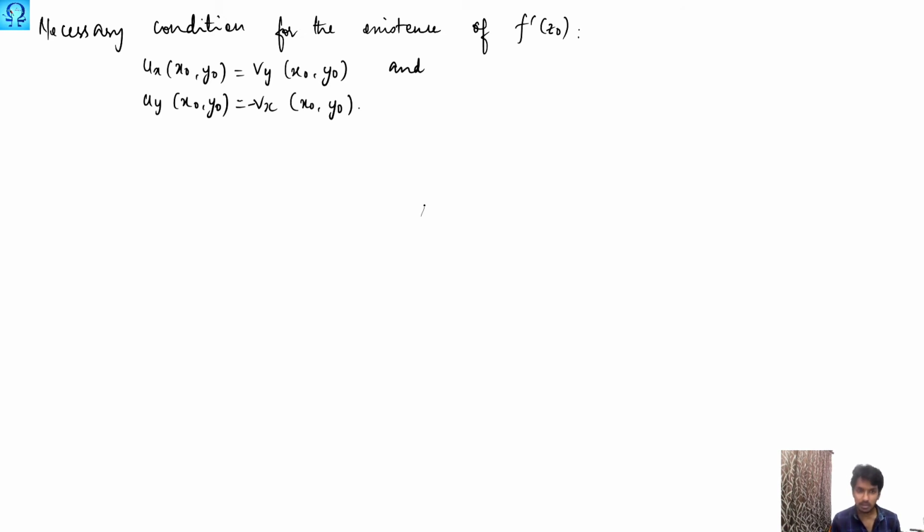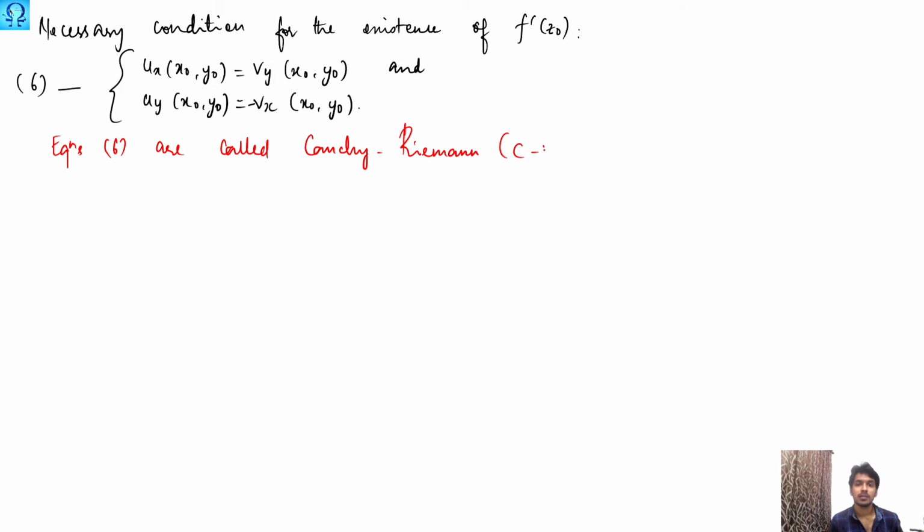So these equations we name as equation 6, and this equation 6 is called the Cauchy Riemann equations. Okay, so let me write that too. Equations 6 are called Cauchy Riemann, abbreviated as CR equations.